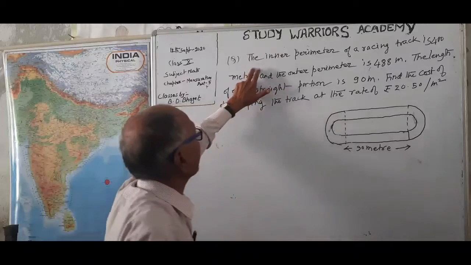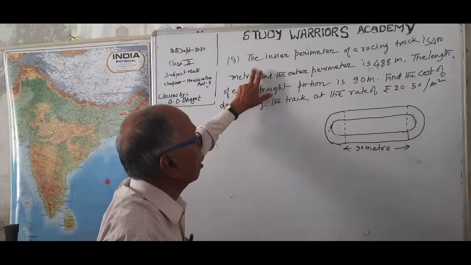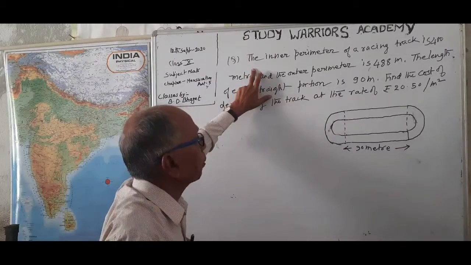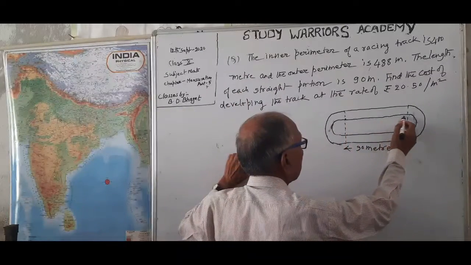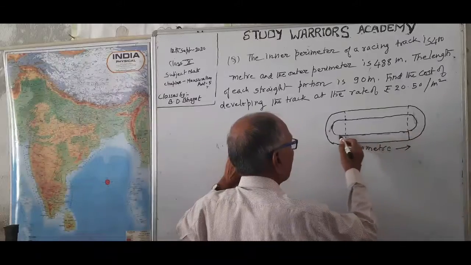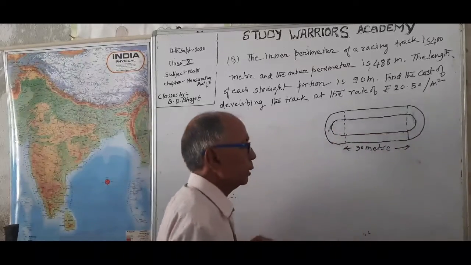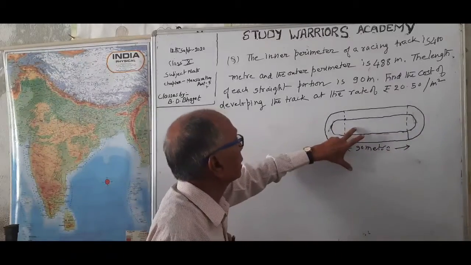And the question is, the inner perimeter of a racing track is 400. Inner perimeter means this whole length. It's called perimeter, inner perimeter.